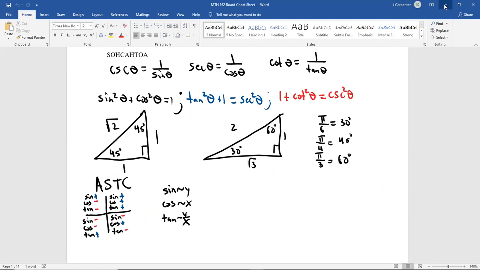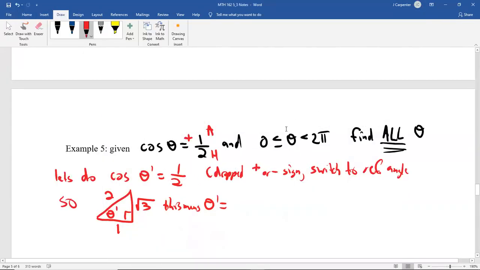So that means it's 60 degrees or pi over 3 in radians. So the parentheses is just the same thing. I'm not saying it's 60 degrees times pi over 3. I'm saying it's 60 degrees in one version, pi over 3 in another version. Just annotation.